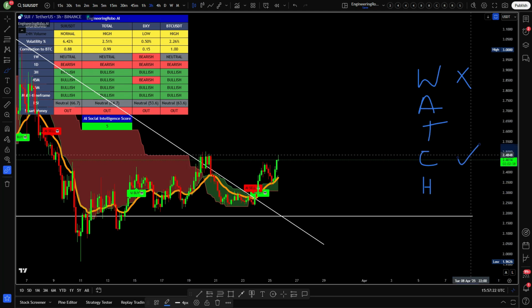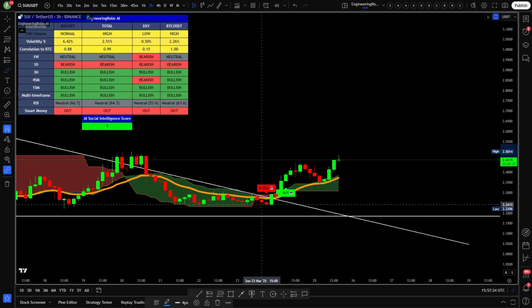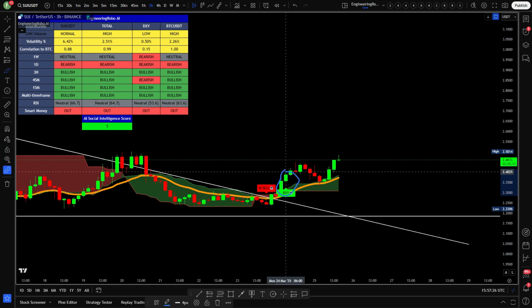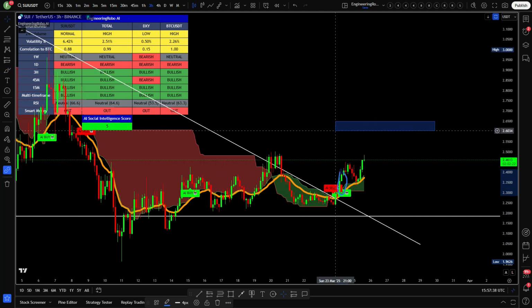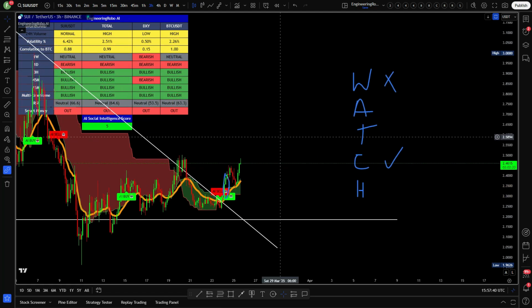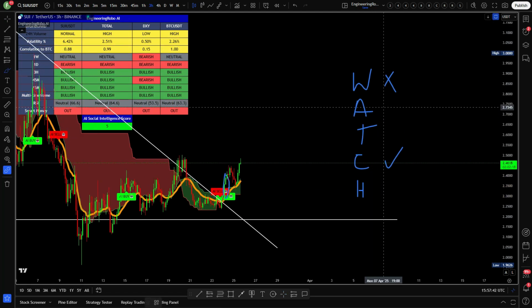So we've got a cloud signal, and we've got an AI buy signal as well that printed on Monday the 24th. Today is the 25th, so that was printed yesterday. So we can confirm that the AI signal is also in play on the 3-hour time frame.